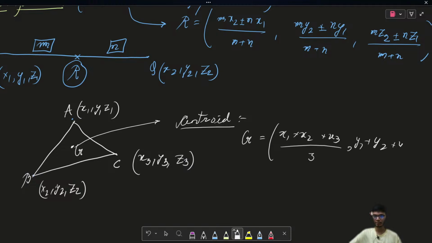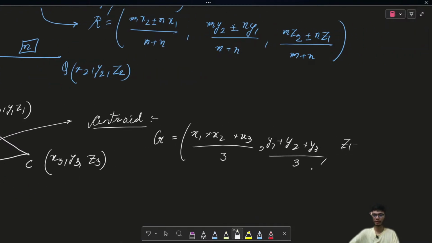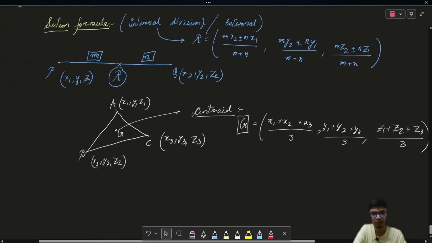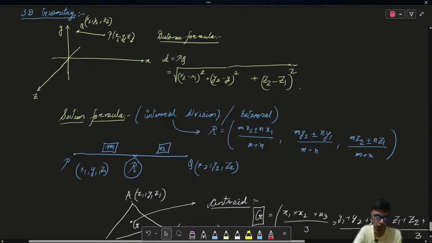Similarly, the y coordinate will be given as y1 plus y2 plus y3 by 3, and then the z coordinate will be given as z1 plus z2 plus z3 by 3. Okay, so this is how we can obtain the coordinate of centroid of any triangle. Right. So these are the very basic things that we need to remember while we are going to discuss the basics of three-dimensional geometry.